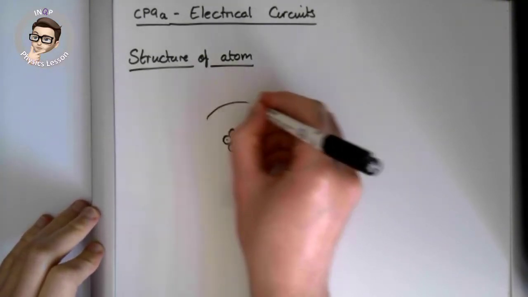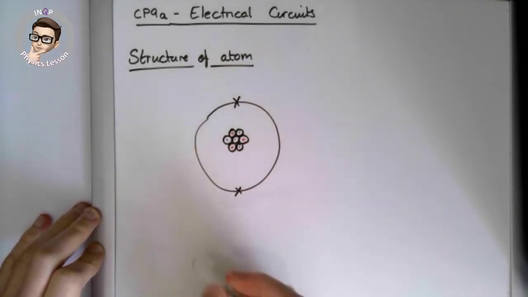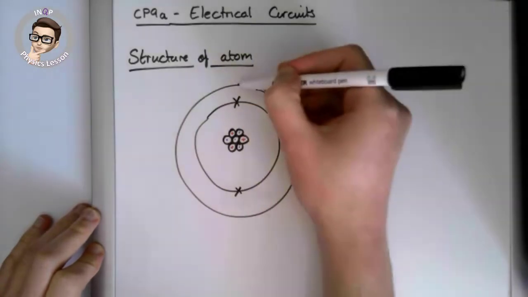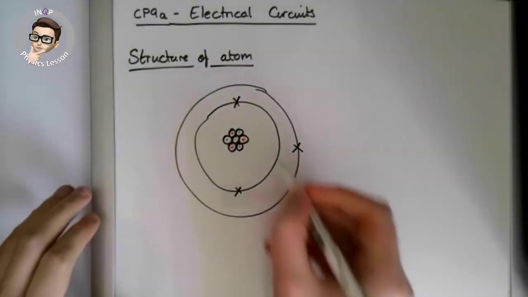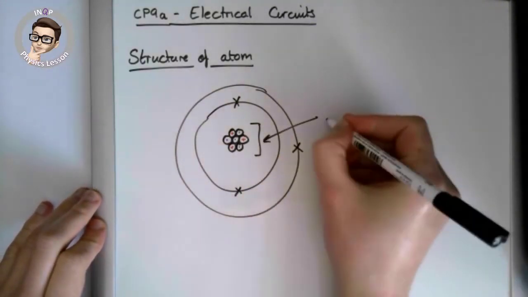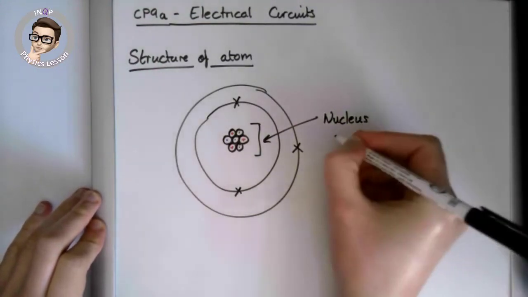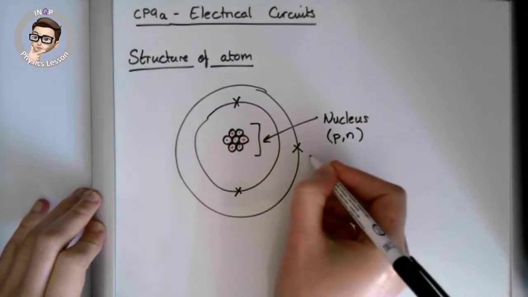So some are red, or have a positive charge, and some have a neutral charge. Now, around the outside of that, we have our electrons. This one has 3 red dots, so it must have 3 electrons. Okay, let's try and label what we know about this. The center we call the nucleus, and the nucleus only contains protons and neutrons.